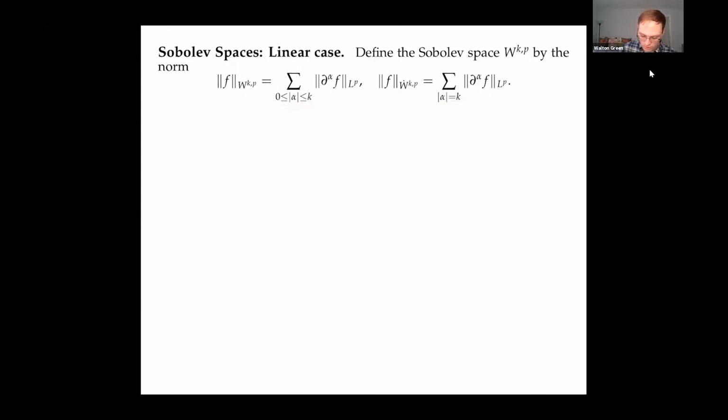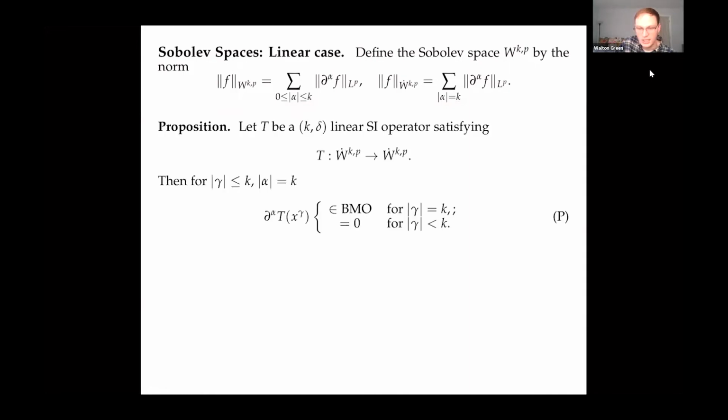Okay, so these are our definitions for the Sobolev space, and if we want a singular integral operator to be bounded on the homogeneous Sobolev spaces, then actually you can find out that it has to satisfy this condition. So testing on polynomials and then taking the derivative, it must be in BMO at the highest order.